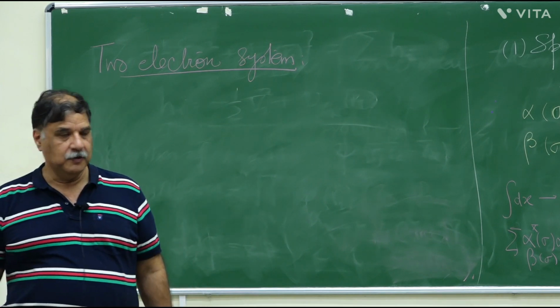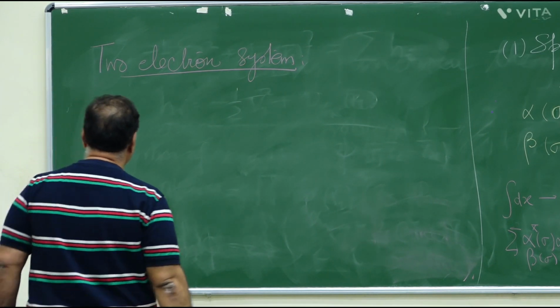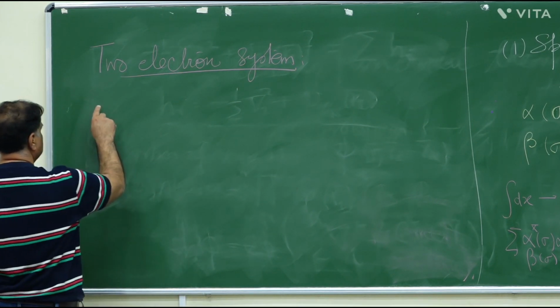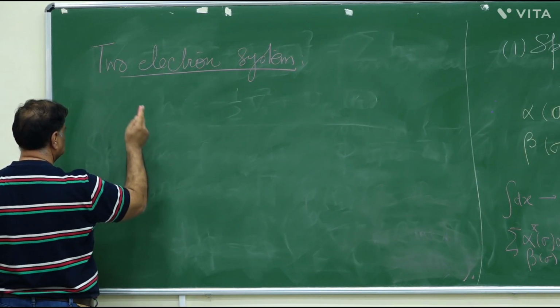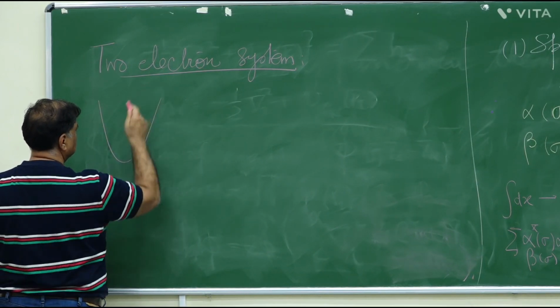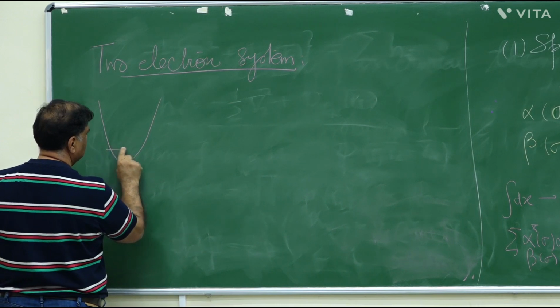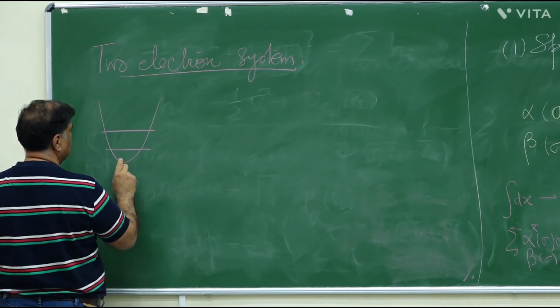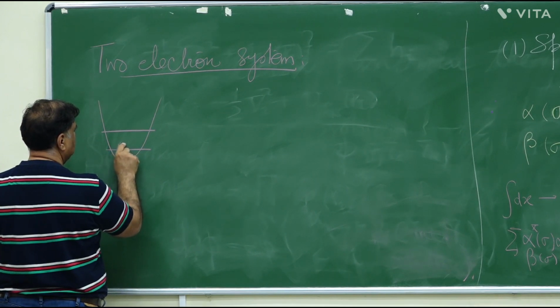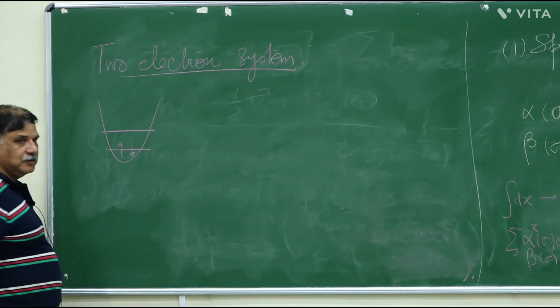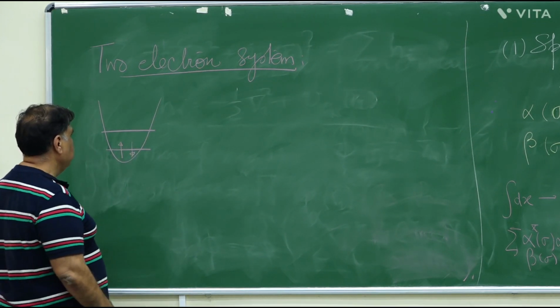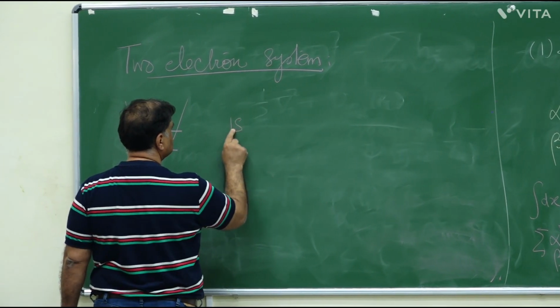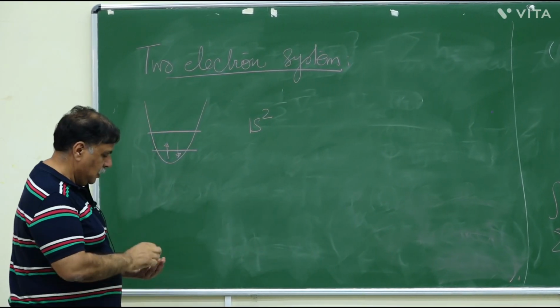If I look at a two-electron system, particle in a box or helium or whatever, just symbolically make a potential. There is the ground level. If I solve the Schrodinger equation, I can have electron up, electron down, that's the ground state, right? In helium, it will be 1s2.